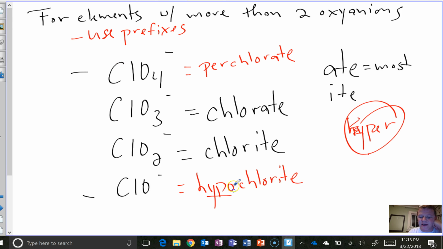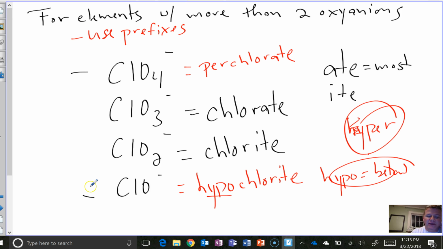We use the prefix hypo. And the prefix hypo in science literally means below or under. So think of hypoglycemic, you have low blood sugar. Or if you have hypertension, you have a high blood pressure, so that's above.